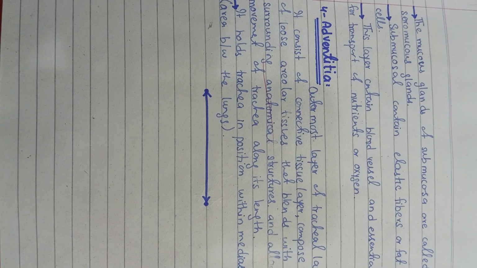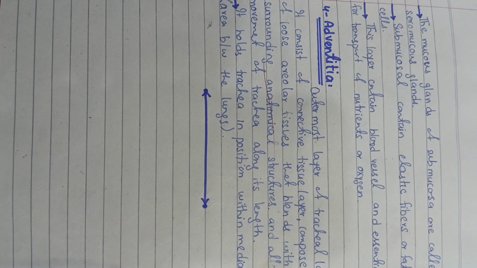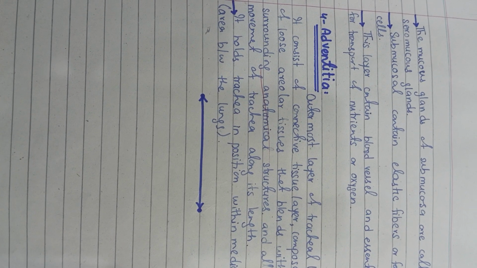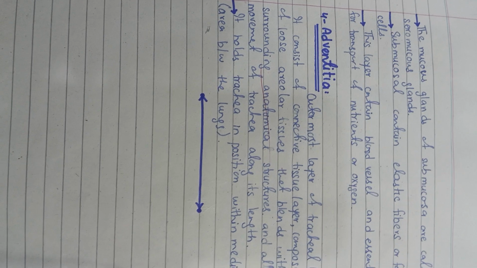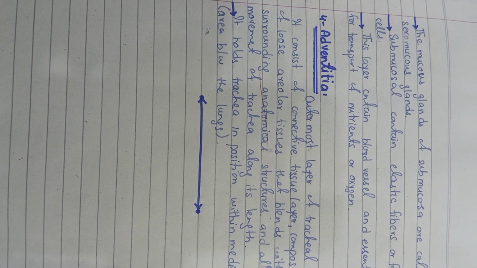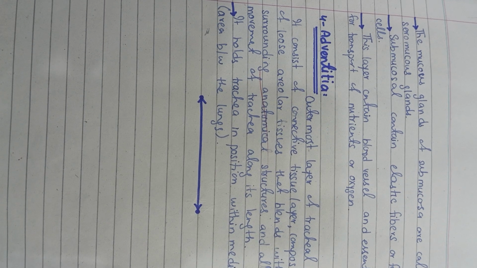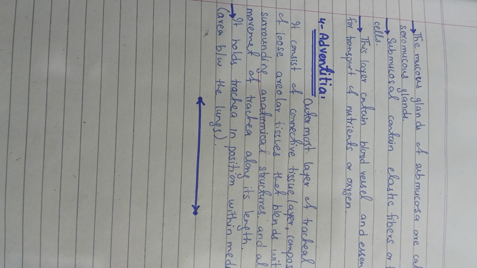The mucous gland of the submucosa is called the seromucous gland. So it is also releasing mucus, and this submucosal layer also contains some elastic fibers and fat cells. This layer also contains blood vessels essential for the transport of nutrients and oxygen into your body.